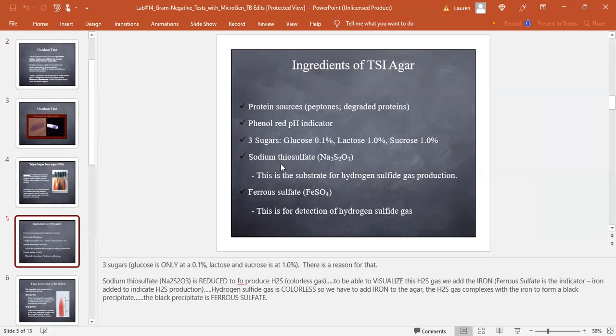And then we have the sodium thiosulfate. This is the substrate for the hydrogen sulfide, H2S. So this is what happens at the molecular level. The sodium thiosulfate will be part of the actual reaction with the bacteria.